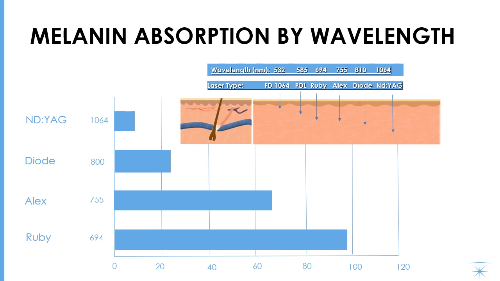So if you are using the Nd:YAG or the diode laser, it can bypass the epidermis. It passes by the epidermis without any effect, and it goes to the hair follicle, which has large melanin particles, and in this case the effect is going to happen without damaging the epidermal melanin.